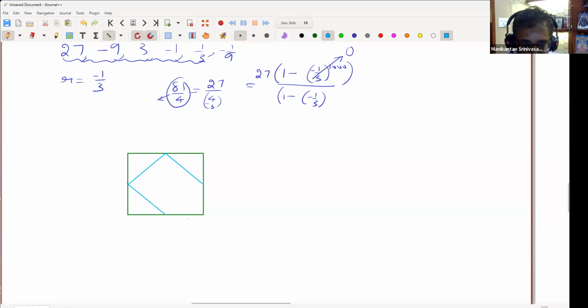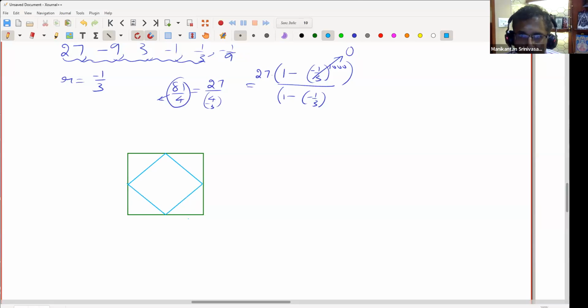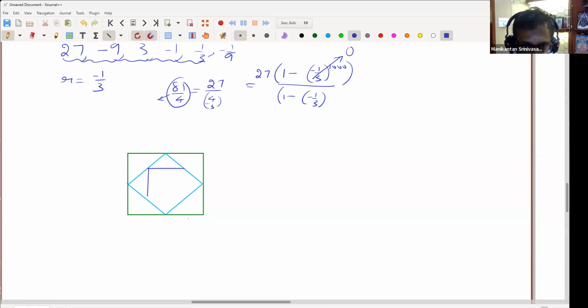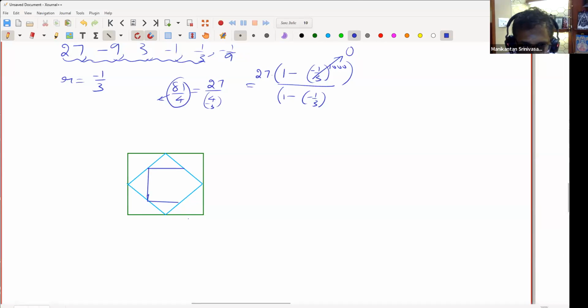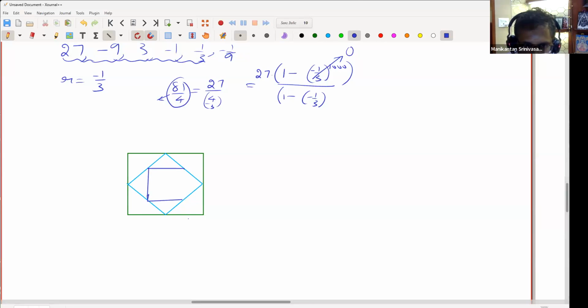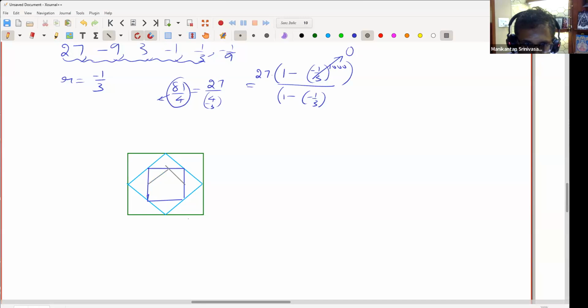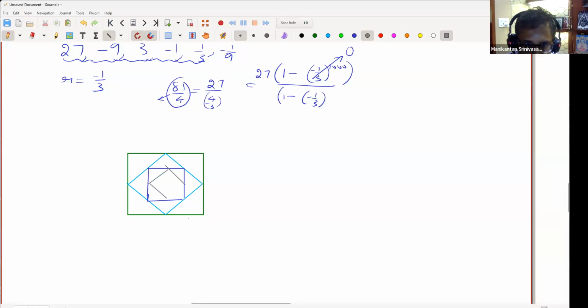Now again I take the midpoints of this one and connect them, and so on. Let me just do one more and then I'll tell you what the problem is. So I'll connect this midpoint here. This will be a square, this will be a square, this will be a square as well.